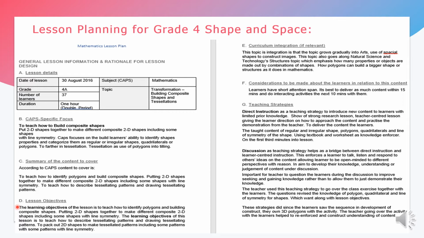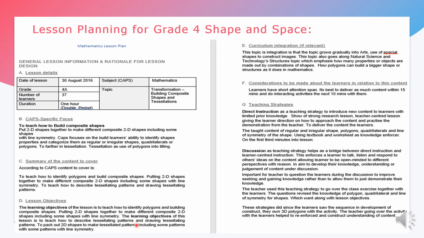write out learning objectives. For this one, as an example, the learning objective of this lesson is to teach how to identify polygons and build composite shapes, putting 2D shapes together to make different composite 2D shapes, including some shapes with lines of symmetry.